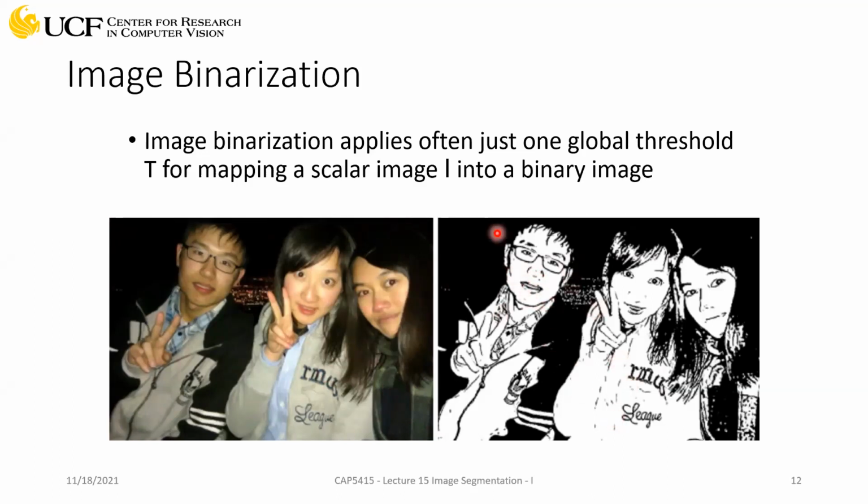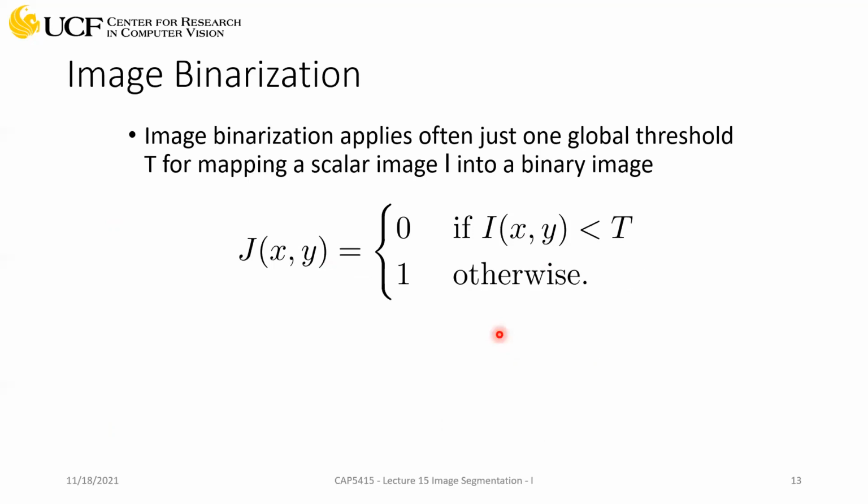Let's try to understand how we can actually perform this operation. It's actually very trivial, and it utilizes the histogram of your images. You just pick one threshold, let's say T, and depending upon the threshold, you look at the pixel intensity at each location.